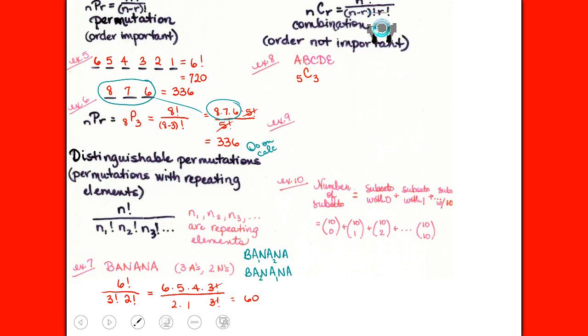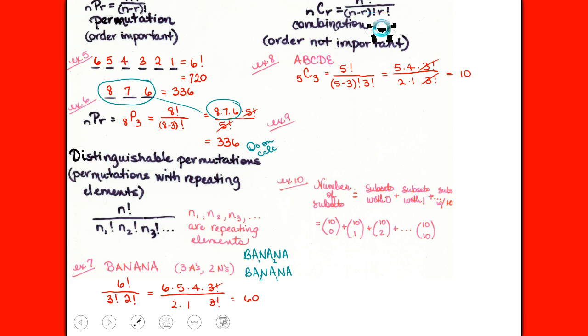That's the exact same formula that we were using for our binomial coefficients in the binomial theorem. It works the same way. So whether we worked it out by hand or on our calculator, we would come up with 10 different orders when the order is not important. 10 different combinations.